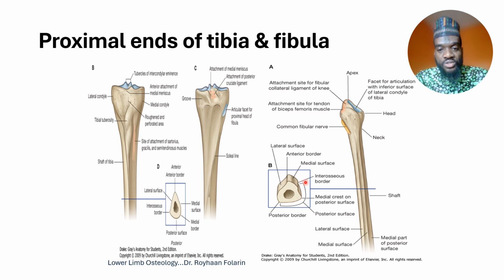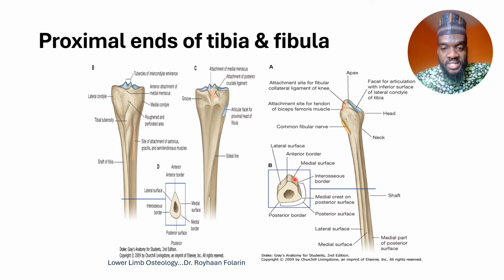Here is the interosseous border. The entirety of here will be the posterior surface of the fibula. Here is the interosseous border, and here is the posterior border. Because this is the left view, the tibia will be on this side for this particular fibula.